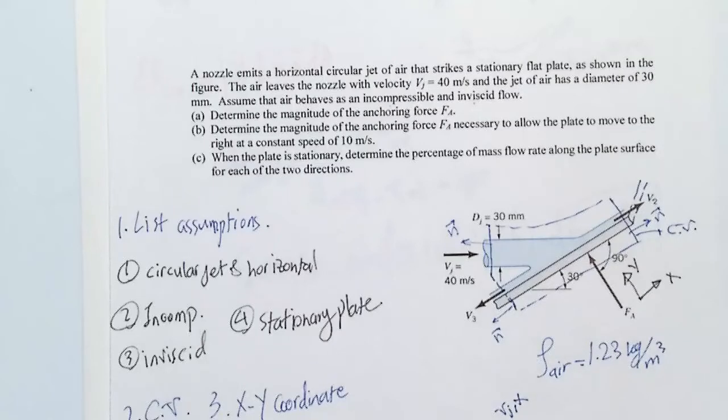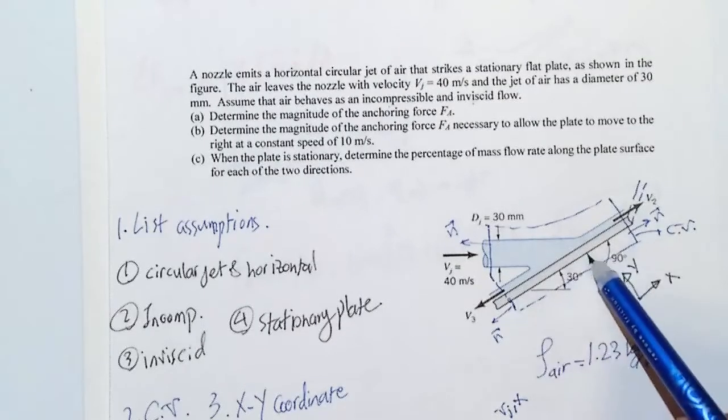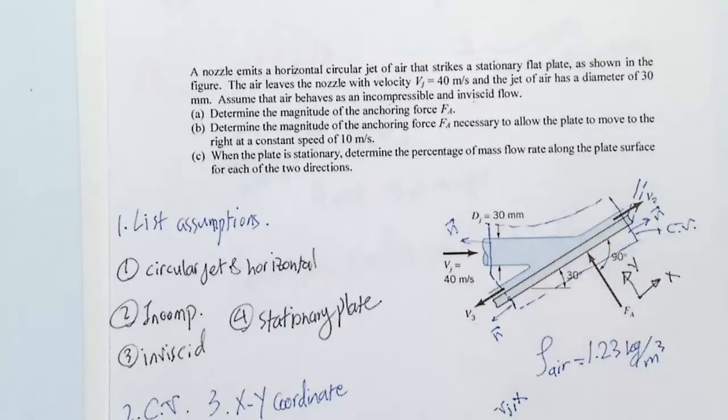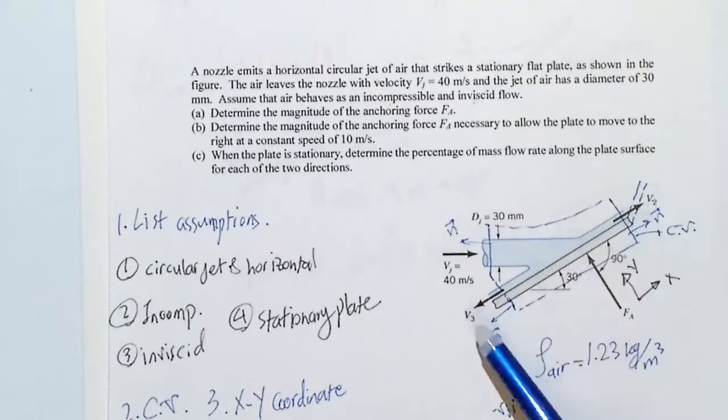It would be if the plate didn't have any angle and the jet came from the top. Yes, that would split into two sides that are totally similar. But here, you cannot assume that. What are the unknowns? V2 and V3 are unknowns.